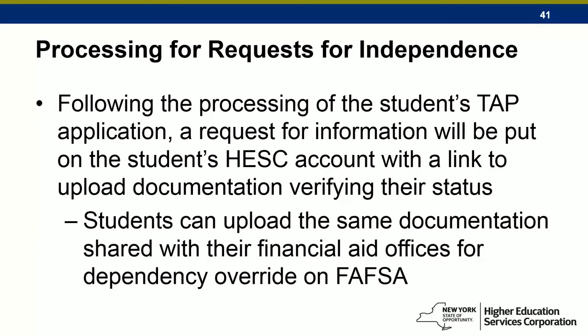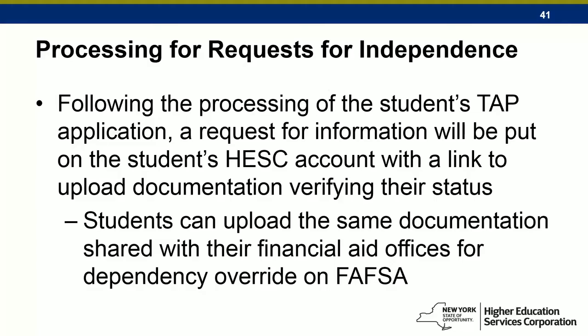Any student who makes a claim of special circumstances for independence will be selected for missing information. We will want to collect the same types of documentation that a financial aid office would collect to verify the student's independence for state aid purposes.